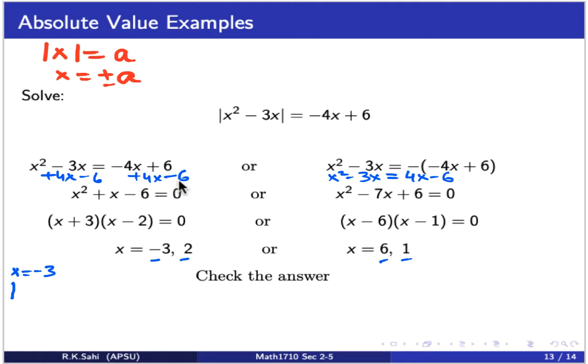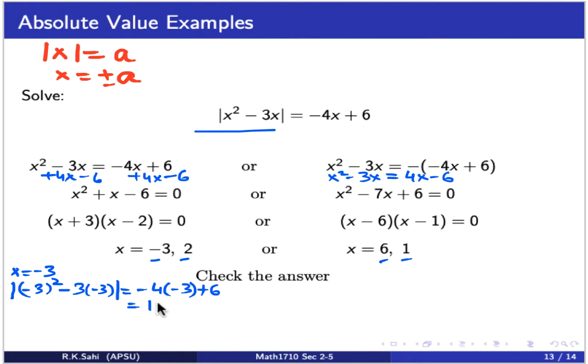Plugging it in the original equation, remember this is my original equation. I have minus 3 the whole squared minus 3 times minus 3 equals minus 4 times minus 3 plus 6.